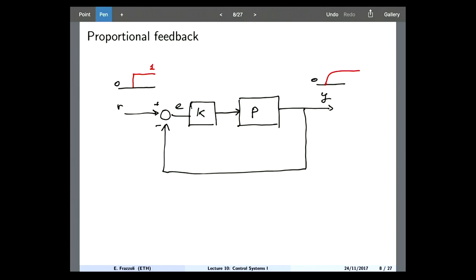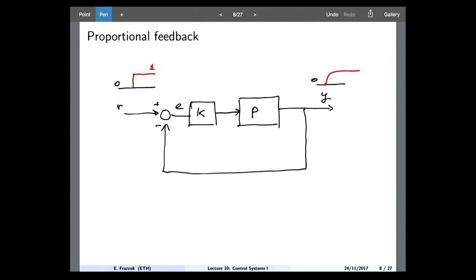Because essentially what I'm giving as a reference input is a sinusoid of what frequency? A sinusoid of 0 frequency. So I know that at the output I will have a sinusoid with the same frequency, that is 0, so we have a constant. But the amplitude of that sinusoid, that is the magnitude of this constant, depends on what the transfer function is.